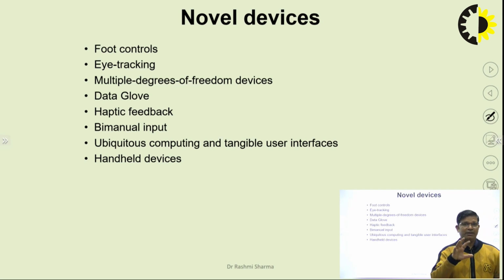We wear gloves, and from hand or glove gestures, the operations can be controlled. Also haptic feedback, bimanual input, ubiquitous computing, tangible user interfaces, and handheld devices.